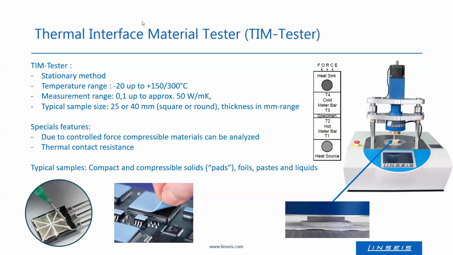The second stationary method I want to show is the so-called TIM tester, thermal interface material tester. Those are materials which are used to increase a thermal contact, for example, in this case, between an electronic component, which tends to heat.